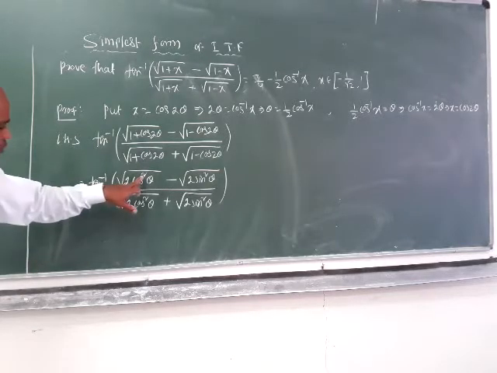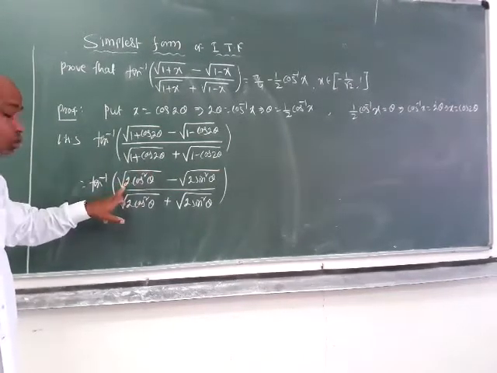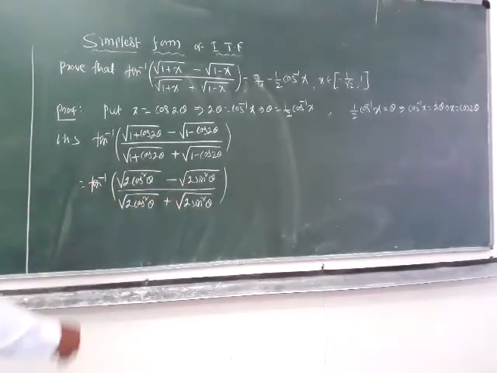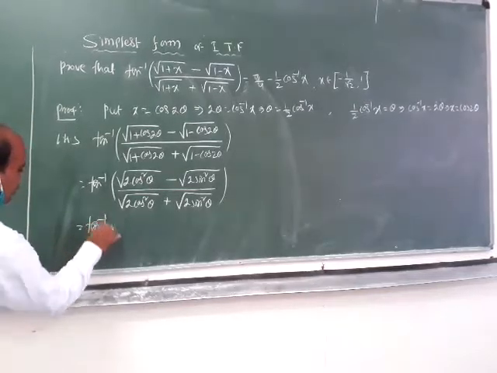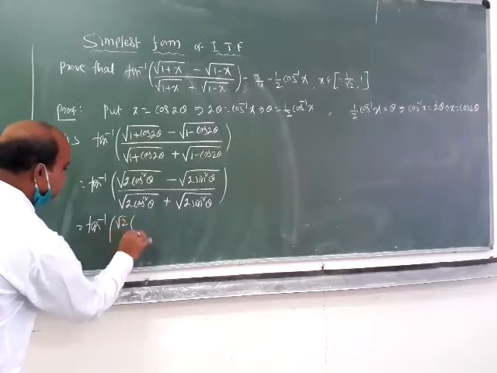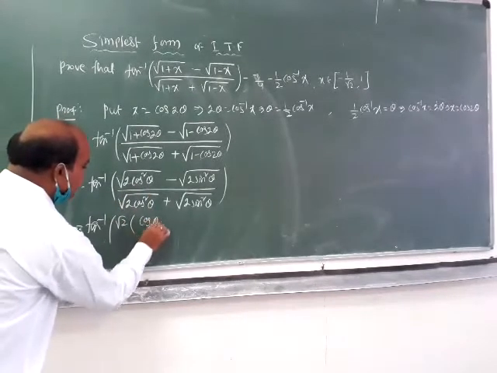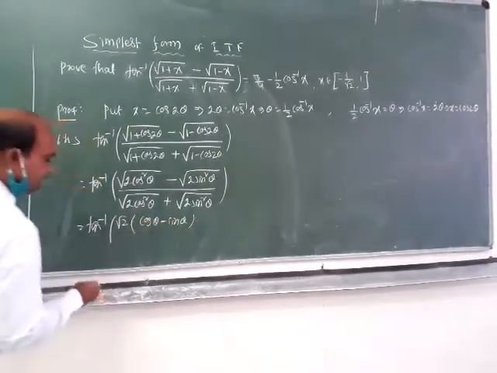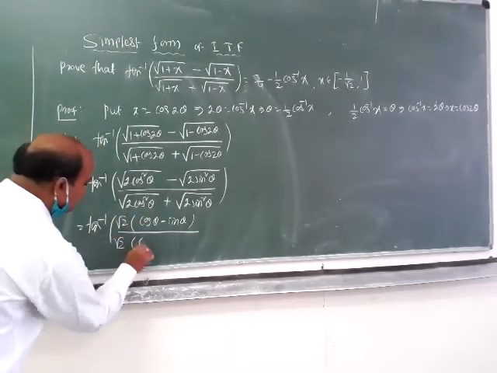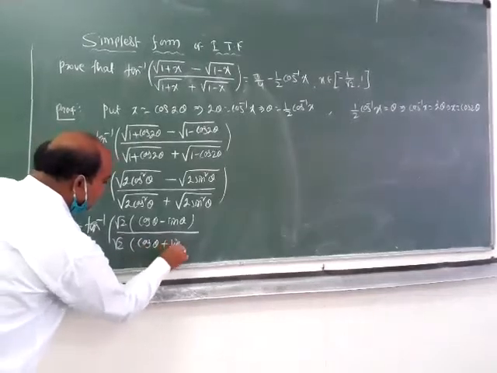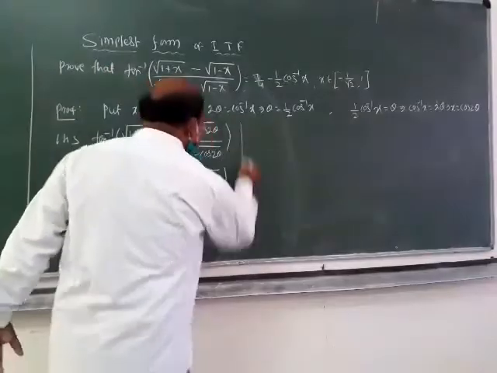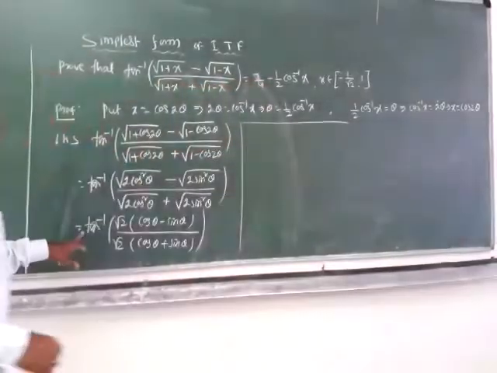So now square and root cancel, but 2 is under root. So here root 2 and root 2 you take common. After taking root 2 common for both numerator and denominator, what is left? Only cos theta minus sin theta upon, when the denominator also has root 2 common, what is left? Cos theta plus sin theta. So both the root 2 cancel.